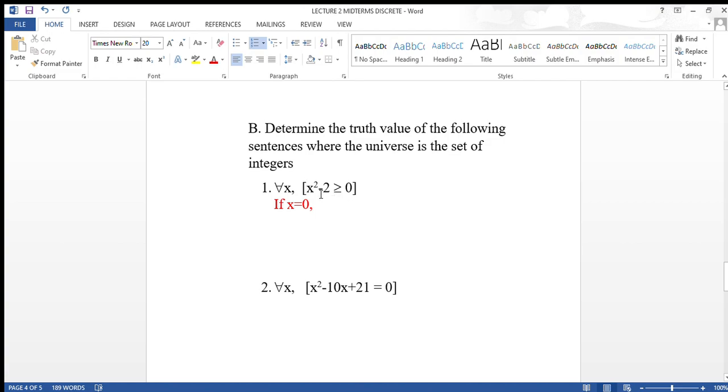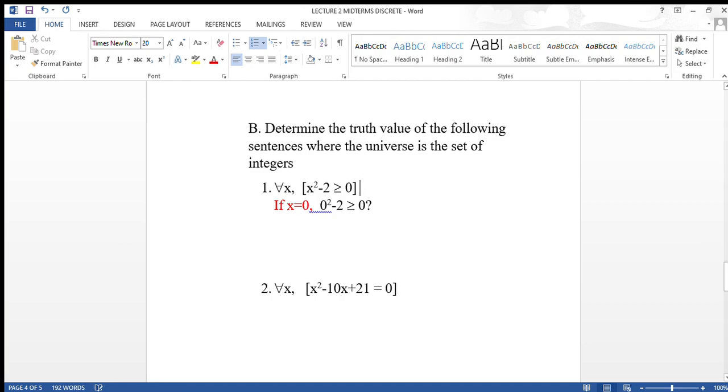Okay, -2 is not greater than or equal to 0. Let's copy that and let me substitute here the value 0. If x is 0, 0 squared minus 2, is it greater than or equal to 0? Isn't it that -2 is not greater than or equal to 0?